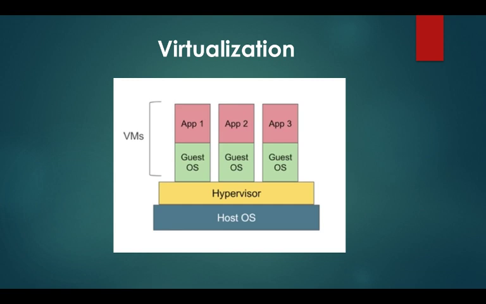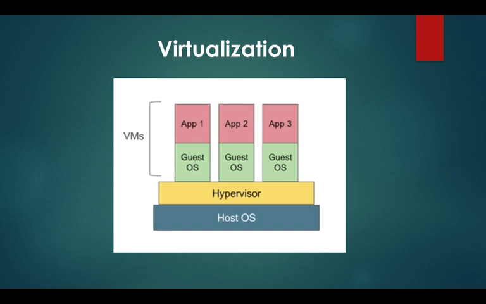The one thing which differentiates virtual machines from Docker containers is that these virtual machines have their own operating systems for running their applications. As you can see in this picture, all these apps have their separate operating systems, which are overheaded onto our host operating system.